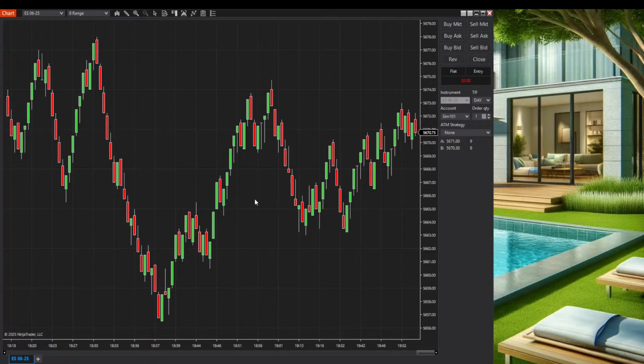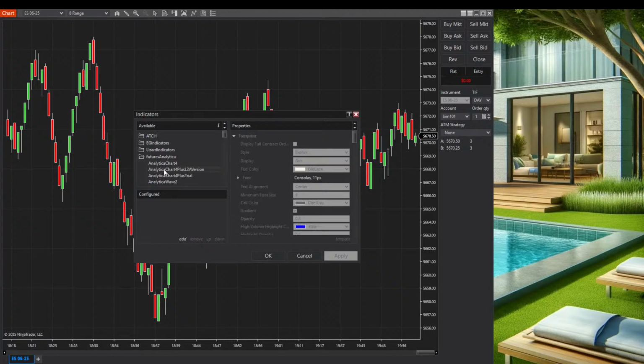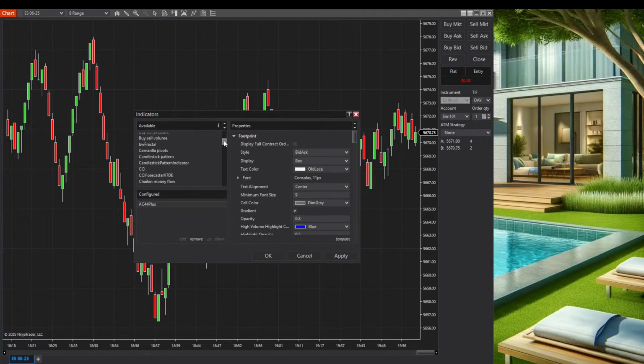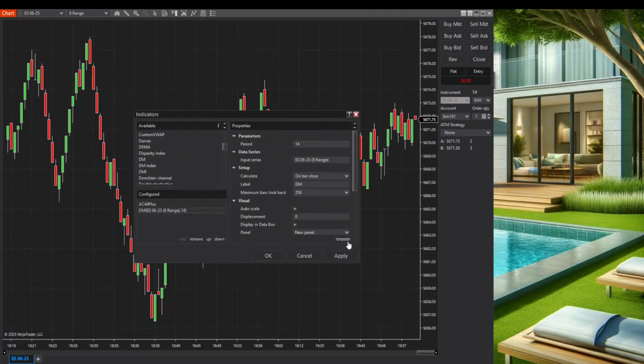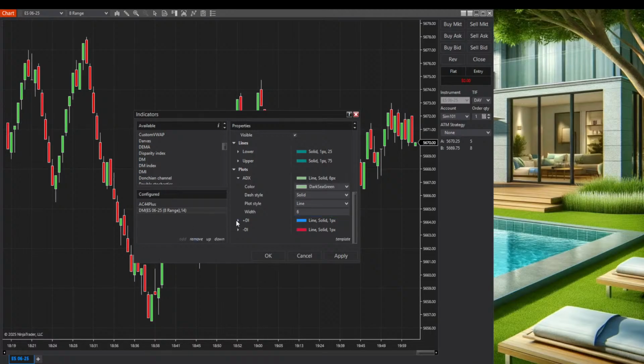The indicators we're going to use for this AI robot strategy will be, of course, the plain charts. And if you scroll to the directional movement, we're going to leave this all standard, but for the purposes of this presentation, we're going to increase the sizes of this.